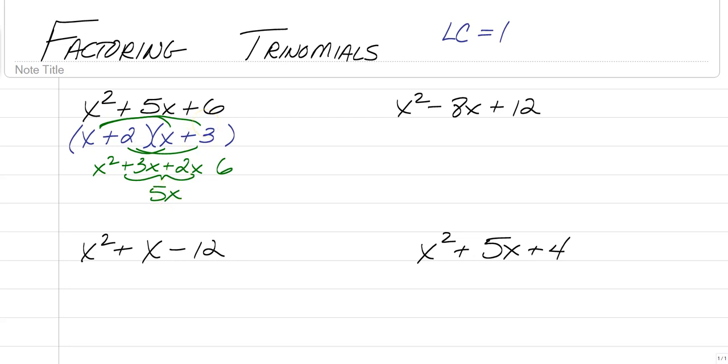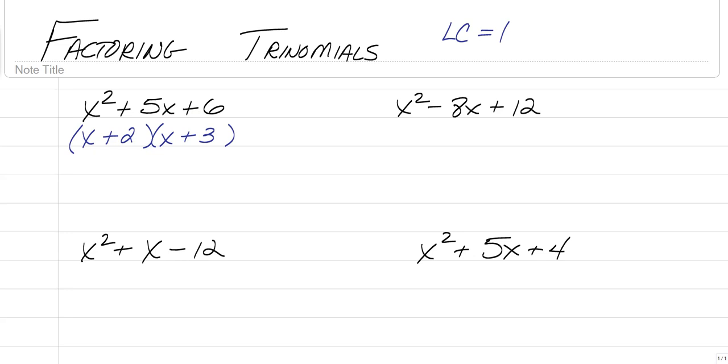So what we did is we just worked backwards. We split up the 5x into two values that would add up to 5, but multiply to 6. Okay? But all that stuff is old school. Your answer for this first problem is x plus 2 times x plus 3.